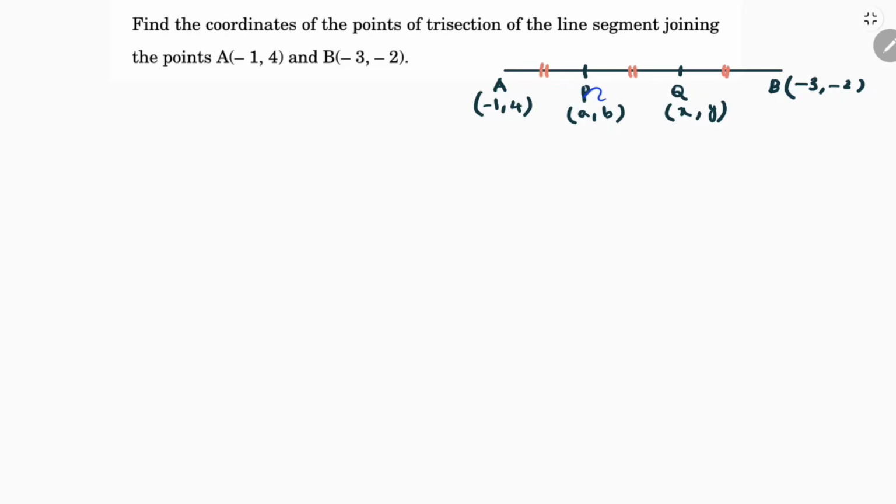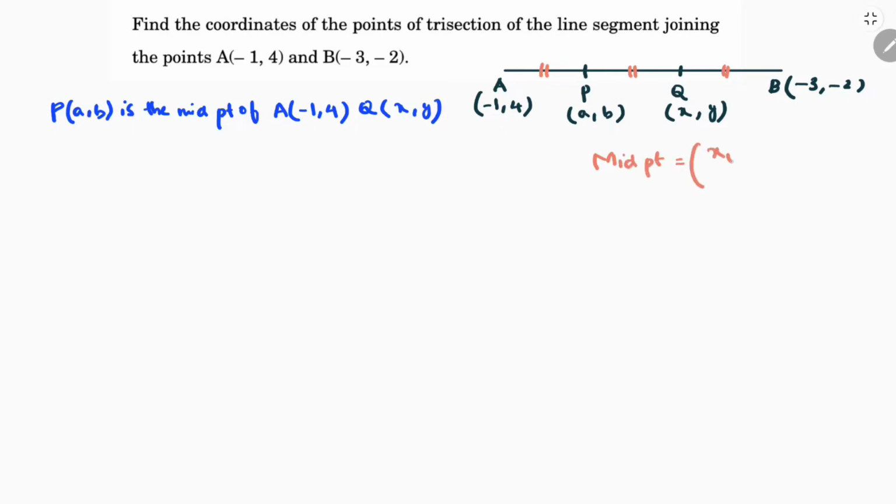So clearly P (a, b) is the midpoint of A(-1, 4) and Q(x, y), and the midpoint formula is ((x1 plus x2) by 2, (y1 plus y2) by 2).